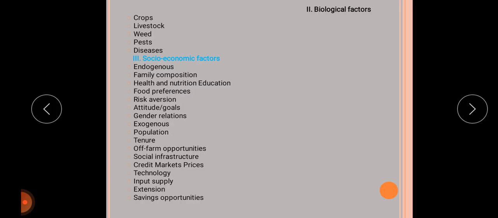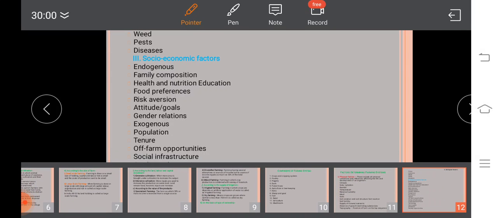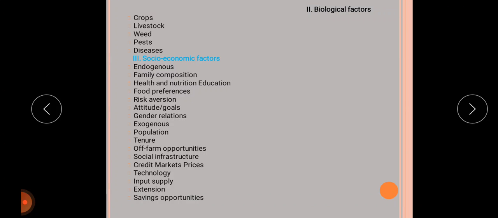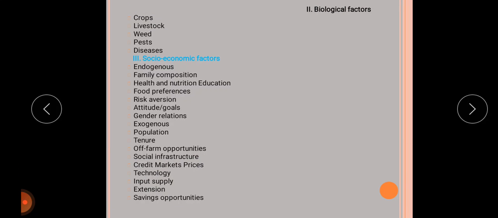Exogenous factors include population, strengths of farm opportunities, social infrastructure, credit markets, prices, technologies, input supply, extension and so on.